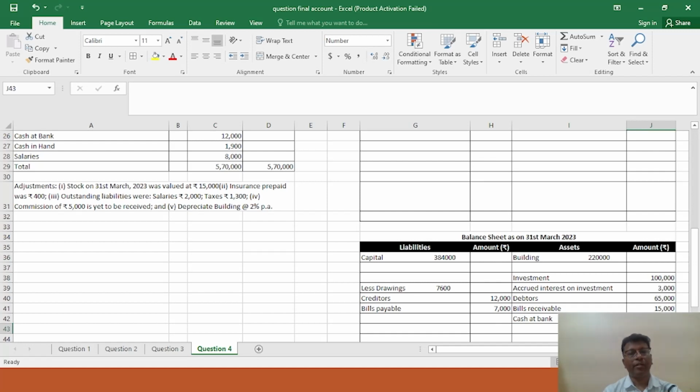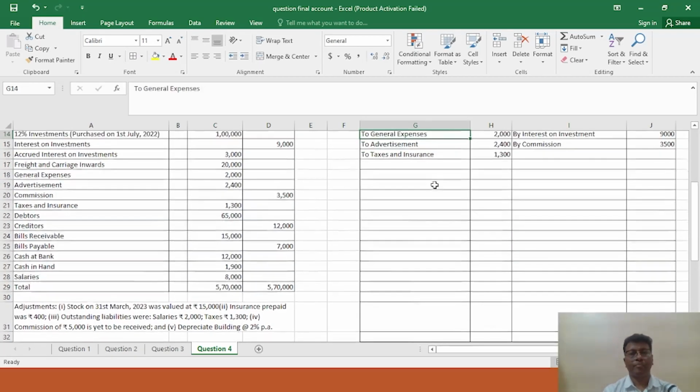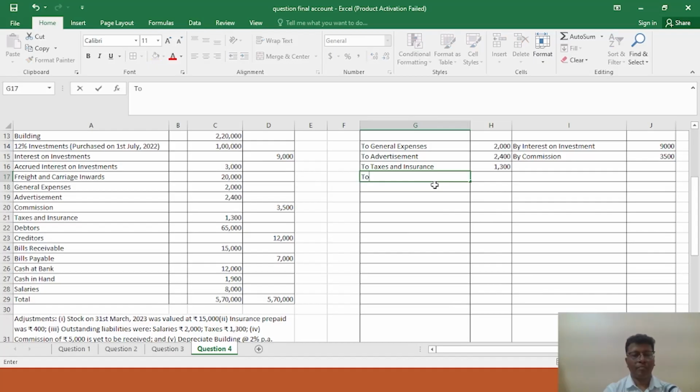And cash in hand 1,900. Salaries 8,000. Right. So items are fulfilled as observed from the trial balance.